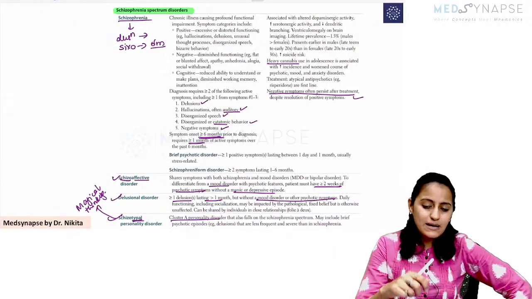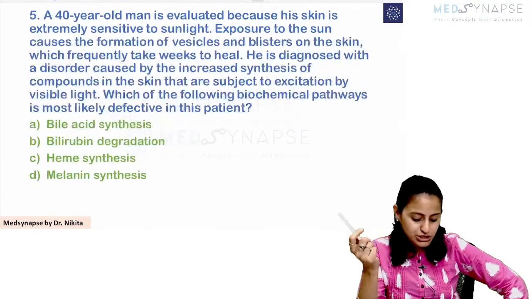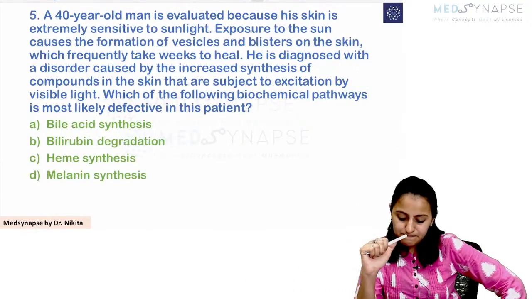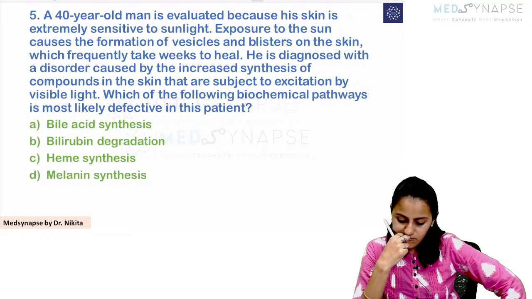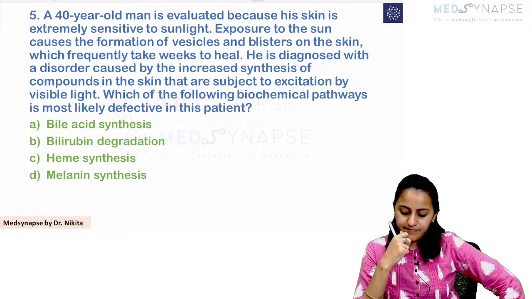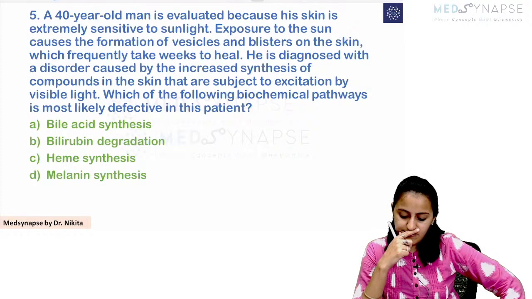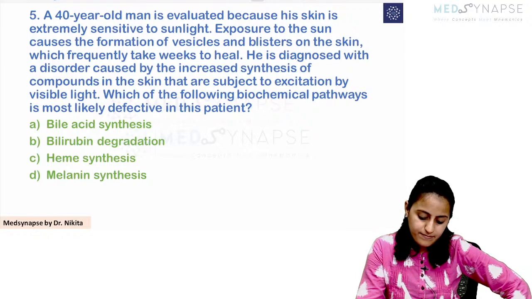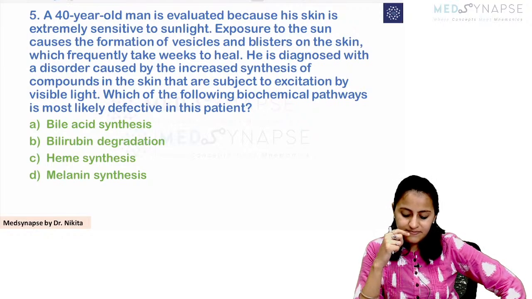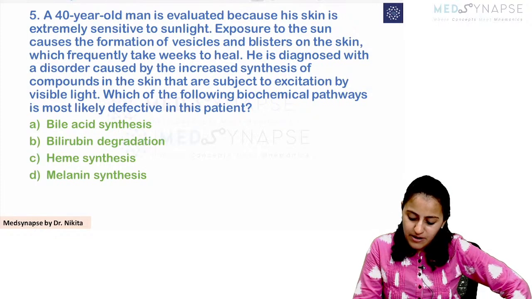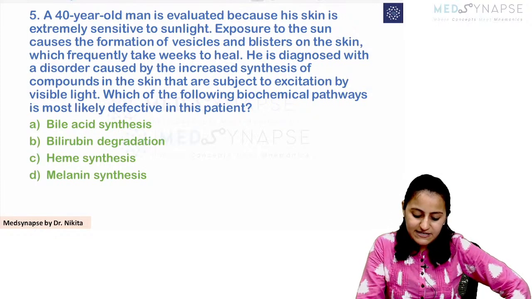Going to the next one, the last question here. What do you think will be the answer to this one? Which of the following biochemical pathways is most likely defective in this patient?